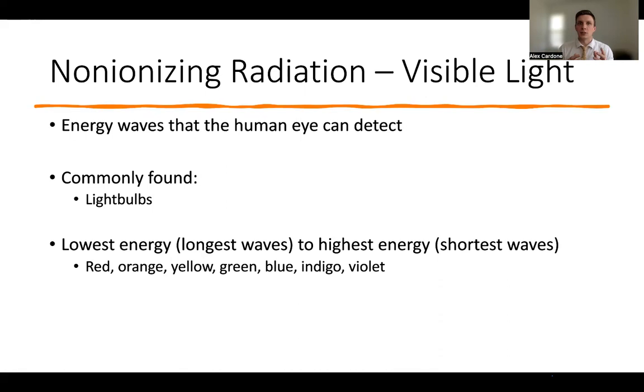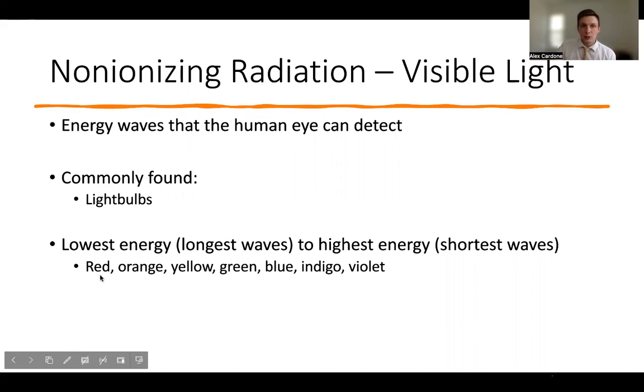That gives us color vision, and we interpret those energy waves into color. There's the lowest energy or longest waves, all the way to the highest energy and shortest waves. Different color frequencies is another way to think about it.